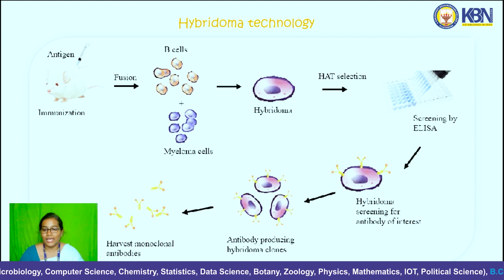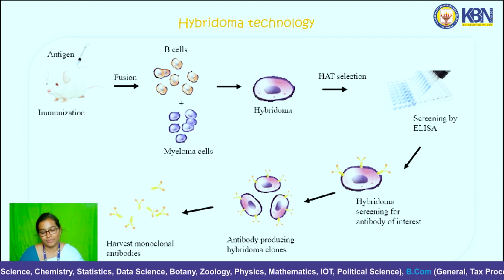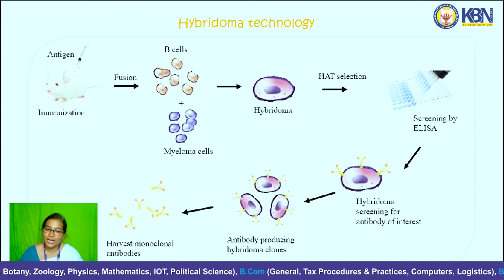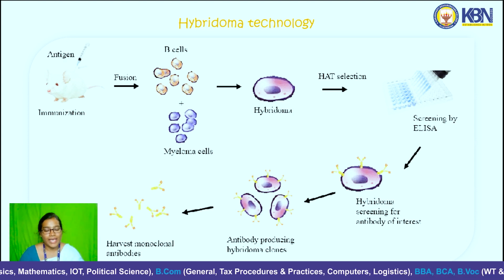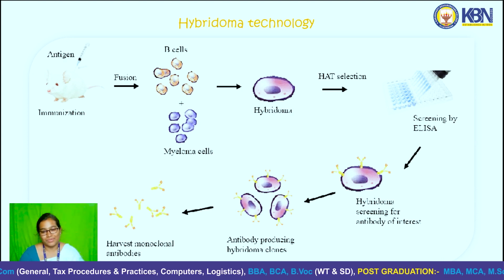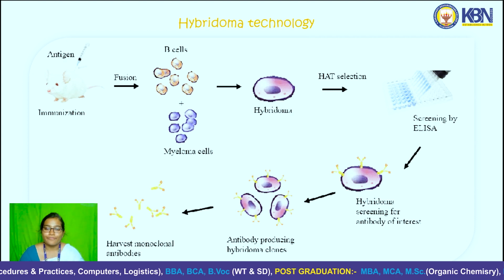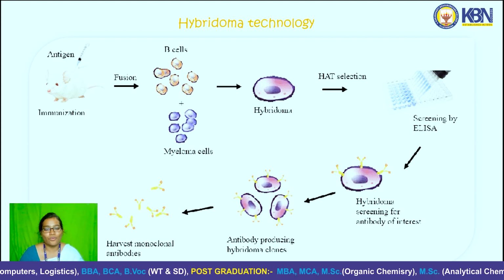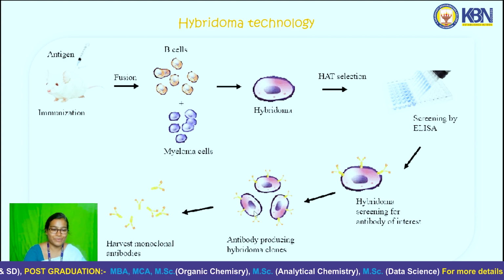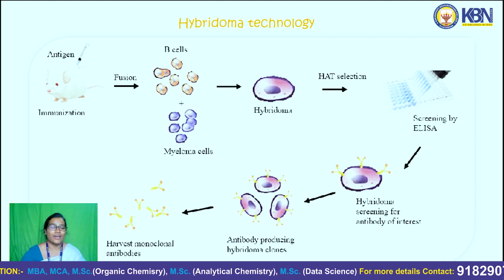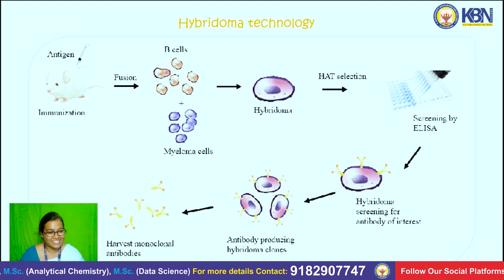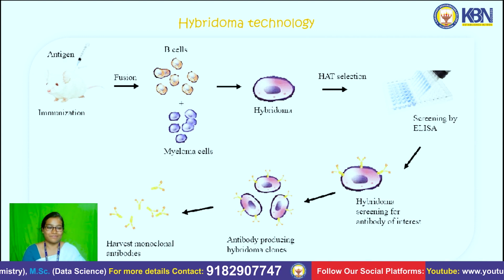With those antibodies, we will assure that hybridomas are functioning properly. Further, we might screen again and preserve the hybridomas properly. And in the last step, we can use the hybridomas for culturing large amounts of monoclonal antibodies. The monoclonal antibodies can be purified, preserved, and used for research, for treatment, and for diagnosis as well.